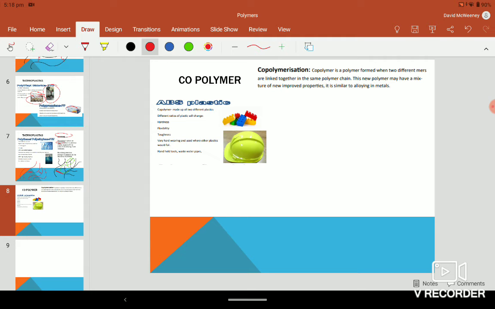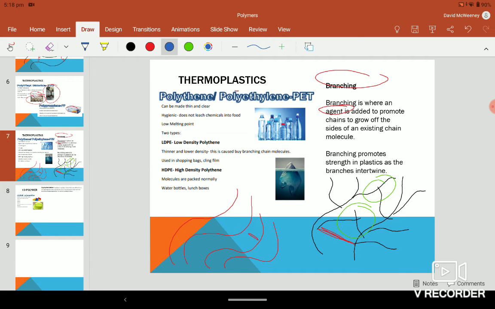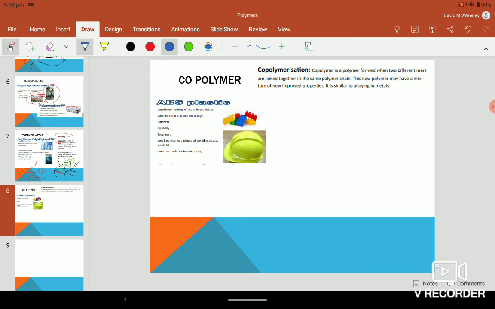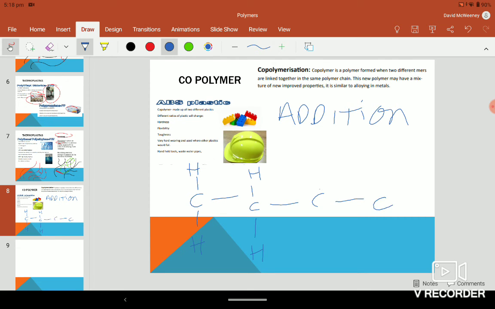Copolymerization works very similarly. It's addition. Remember we were looking at last day, carbon, hydrogen, hydrogen, then you had a double bond. This one has broken already, and then it connects on to the other, the two of them being very similar.